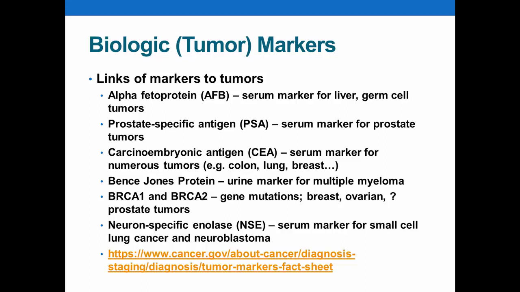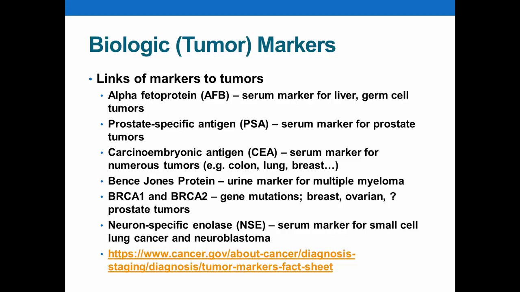As I mentioned, and you can see it on the slide, CEA will go up with colon, lung, breast. So even though it is sensitive, it's picking up the cancer, it doesn't tell you whether it's colon or lung or breast. Bence Jones protein, as I mentioned, that's a urine marker for multiple myeloma.